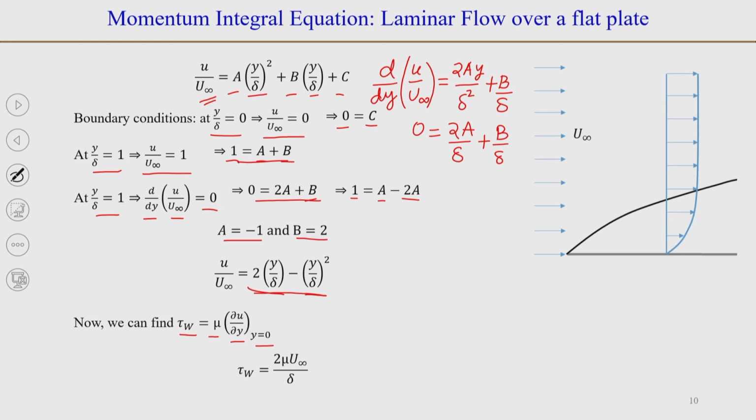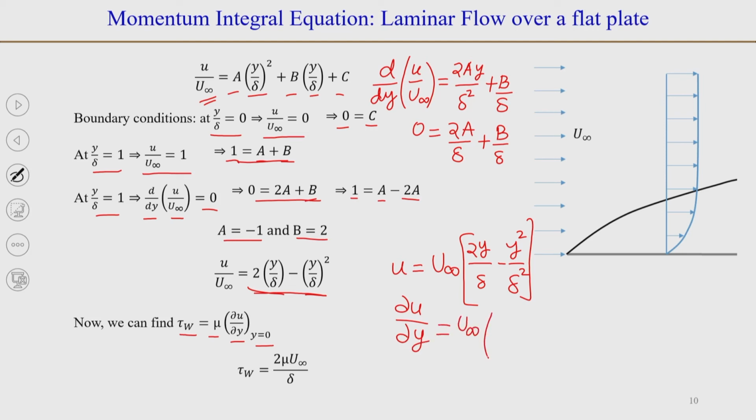So, when we do that, we can write u is equal to u infinity into 2 y by delta minus y squared by delta squared, and dou u by dou y is equal to u infinity into 2 by delta minus 2 y by delta squared.